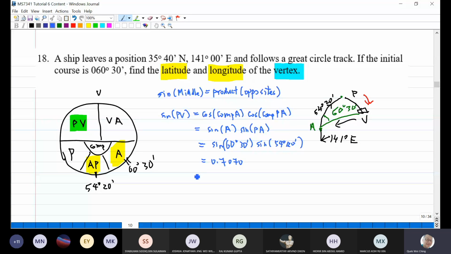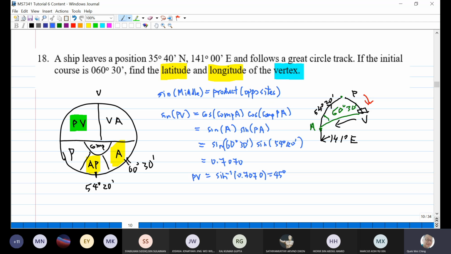So PV equal to sine inverse of 0.70, which is around 45 degree. So the PV is around 45 degree.